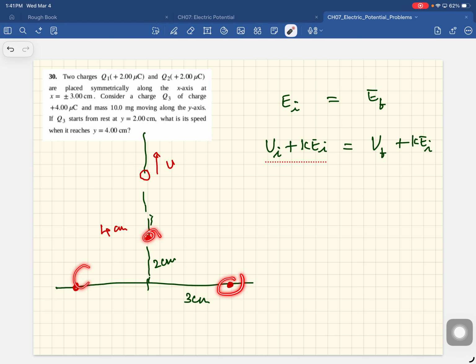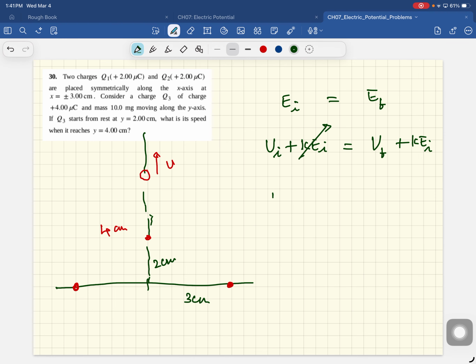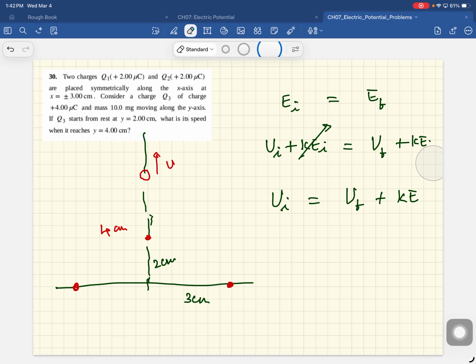So let me calculate R13 initial, which is, this is 3 centimeters. This is 3 centimeters. So R initial is the square root of 3 squared plus 2 squared, 9 plus 4, square root of 13.